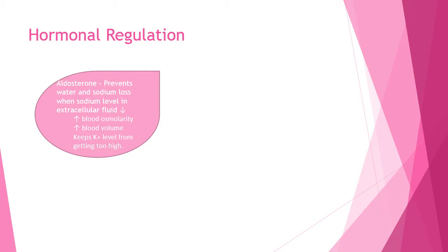Angiotensin 2 constricts the blood vessels and stimulates aldosterone secretion from the adrenal cortex. Aldosterone triggers the distal tubules of the nephrons to reabsorb the sodium from the urine back into the blood. Then aldosterone secretion stops when blood osmolarity or serum sodium levels are greater than normal.